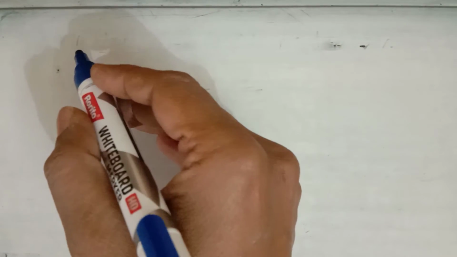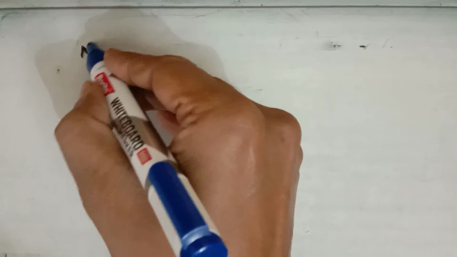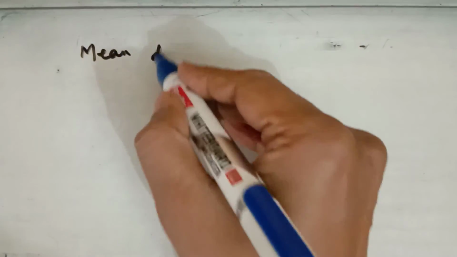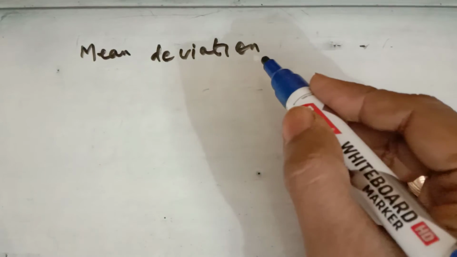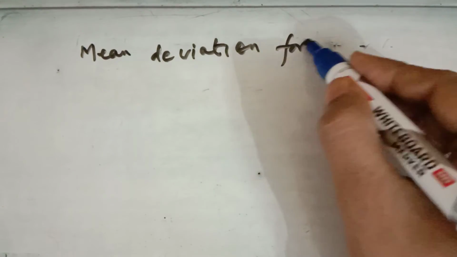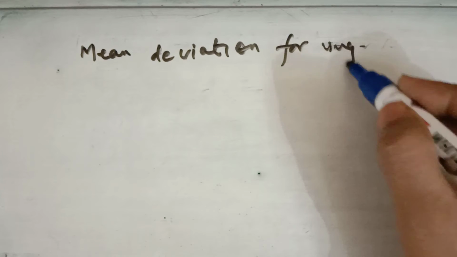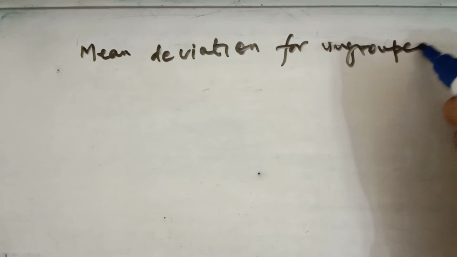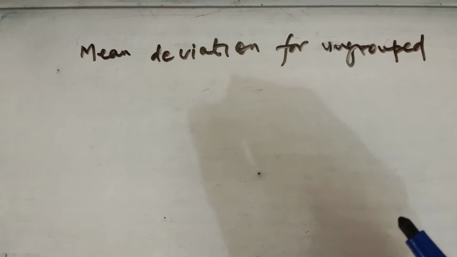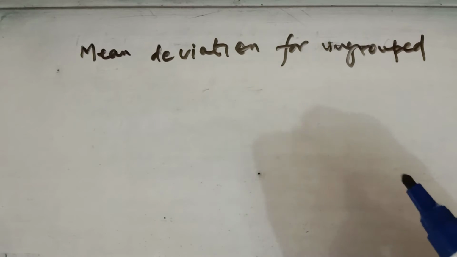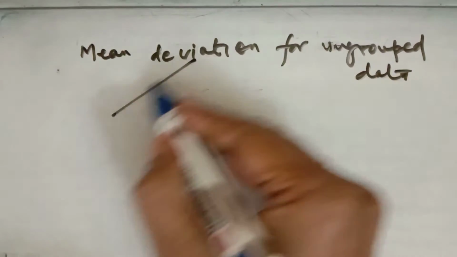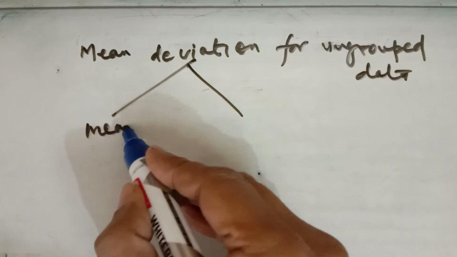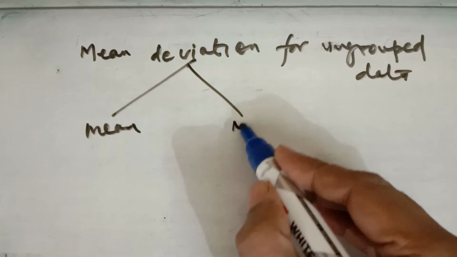So first of all, we'll discuss how to find the mean deviation for ungrouped data. Mean deviation about the mean and mean deviation about the median.